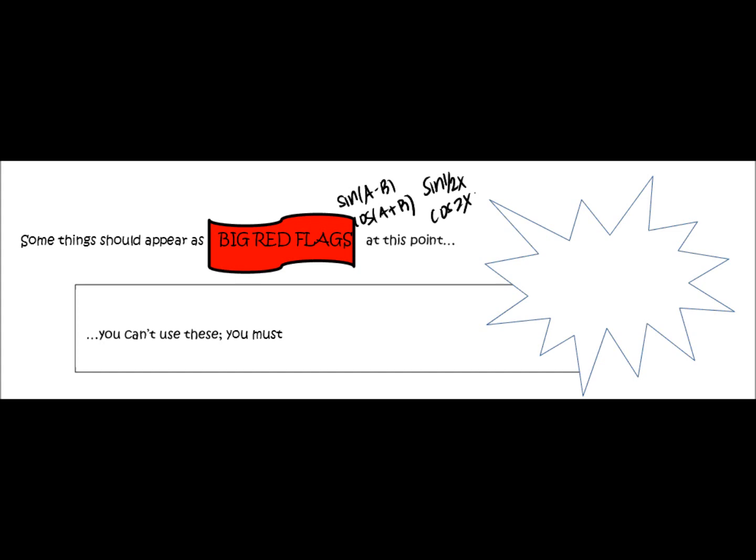Today, we're going to see these mixed in with equations. We're going to see sine of the double angle, cos of the double angle, and tan of the double angle. You can't use these as they are. Each and every time, you have to replace them.